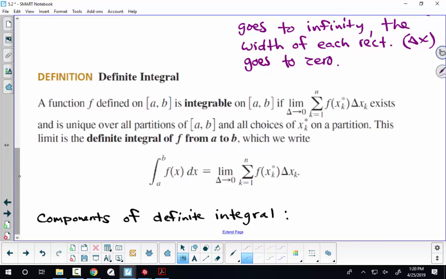And notice how we define this. The definite integral looks kind of like the antiderivative of f of x with respect to x, but now we have these two numbers attached to the integral sign. So we go from a to b of this function with respect to x, and that's the limit as n approaches infinity of the Riemann sum, right?